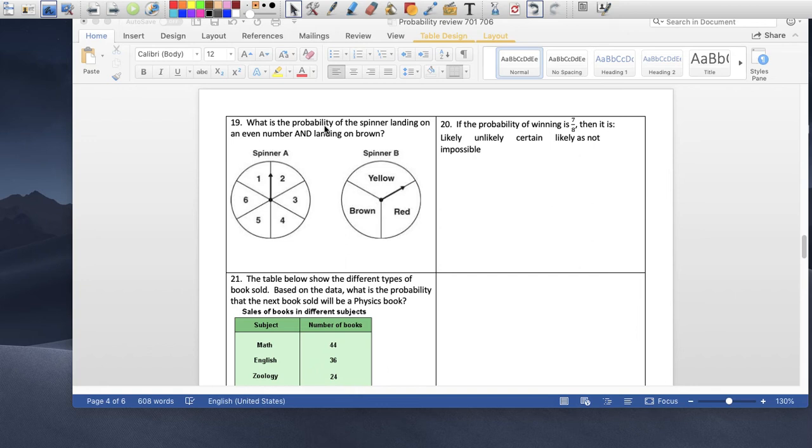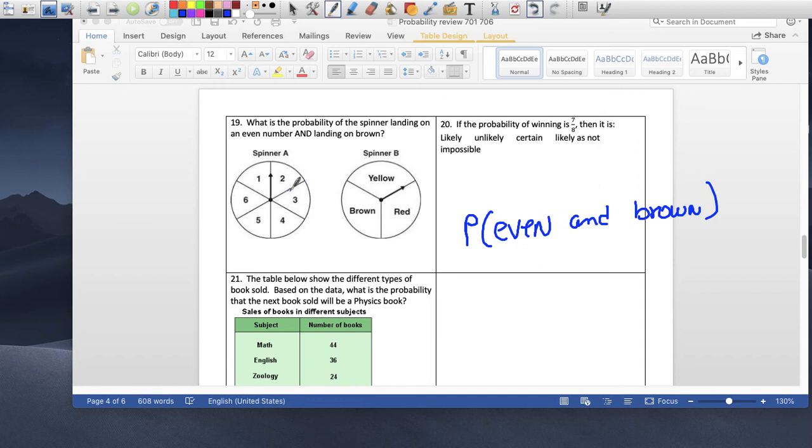What's the probability of the spinner landing on an even number and landing on brown? Okay, so let me write this down here. P of even and brown. So again, imagine if you had to accomplish those 2 things, what would be the probability of you accomplishing those 2 things?